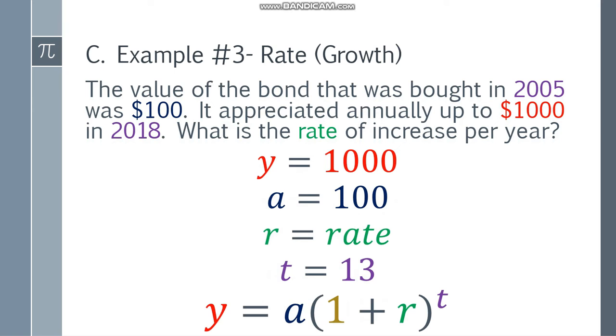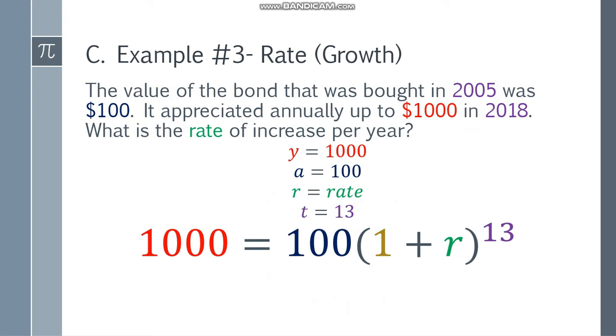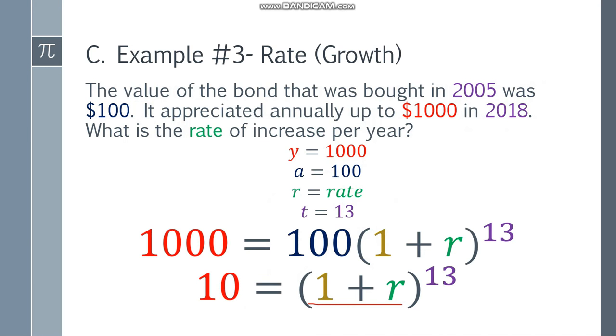Now let's place the formula and substitute the values. So 1,000 is equal to 100 times the quantity 1 plus r to the 13th power. Next one, divide both sides by 100, and we have 10 on the left side. For the right side, we only have 1 plus r to the 13th power.